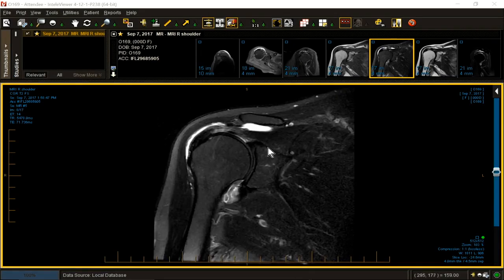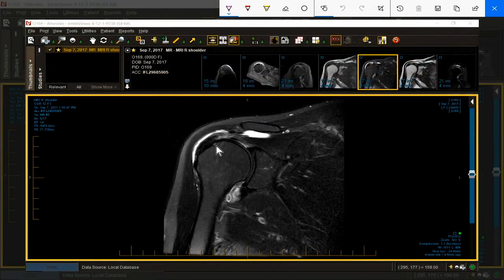So while you're looking at this case, got a great view of the footplate or footprint of the infraspinatus, that firm attachment right there. Tears in this location are going to be concealed.